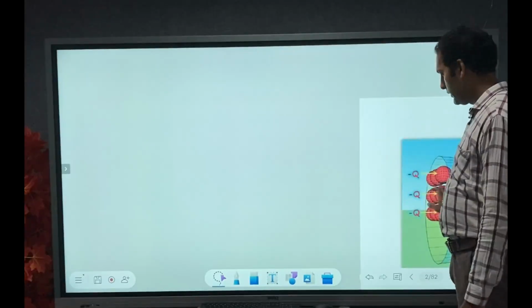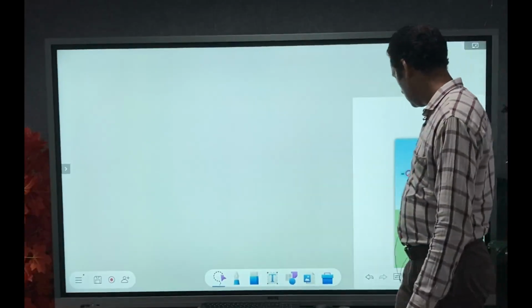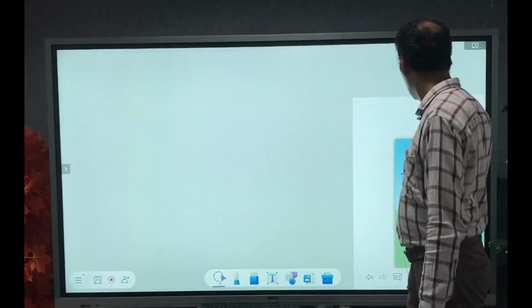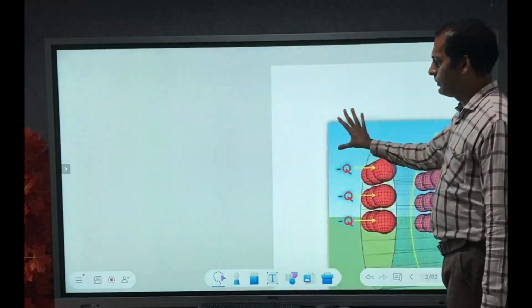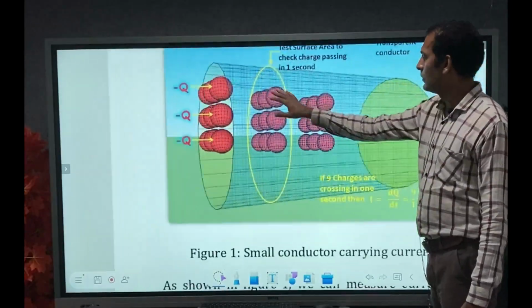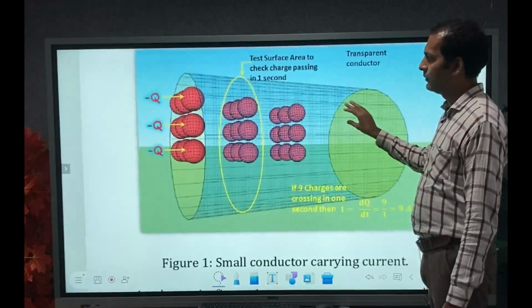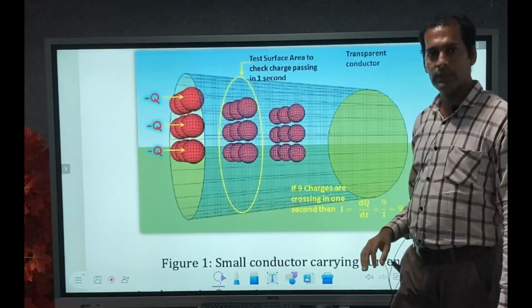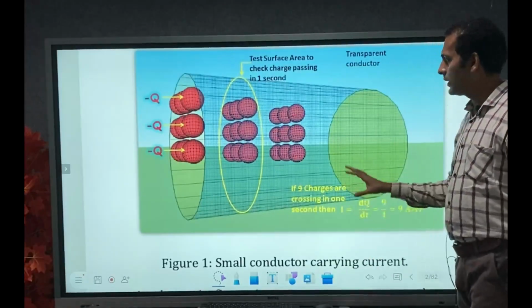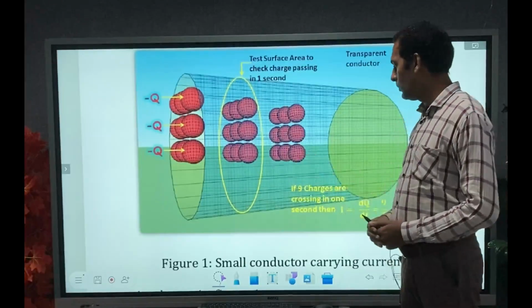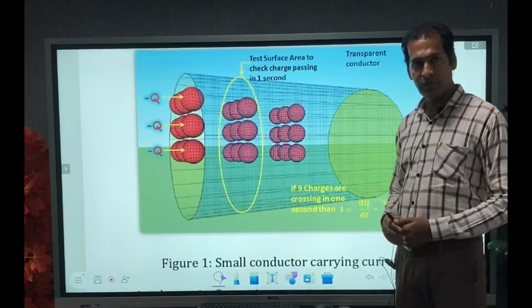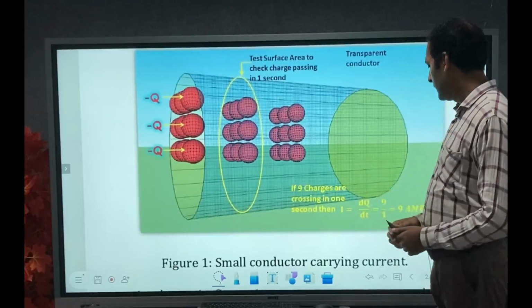So that part we have seen. We tried to imagine the charges in terms of some spherical balls and we analyzed the definition of current by using these charges.